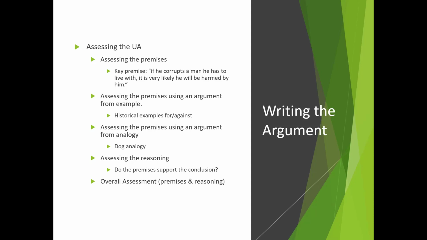I mean, if you want to, you can. If you want to go through and assess every single premise of the unintentional argument, that the bad do bad, the good do good, people don't want to be harmed, you can do that. But it is fair game in a philosophical dispute to say, look, we can all agree that bad people, by definition, are bad, so they do bad things.